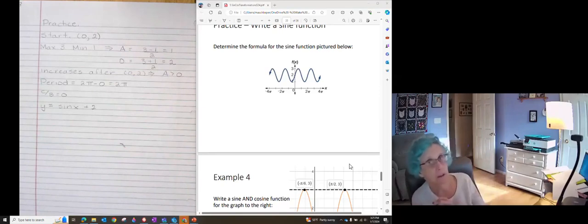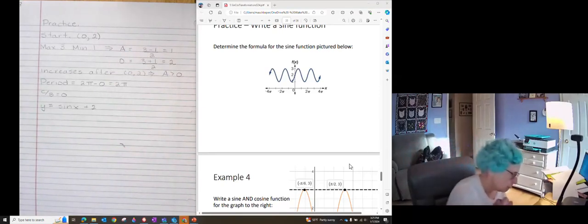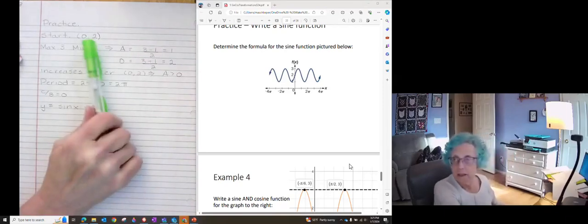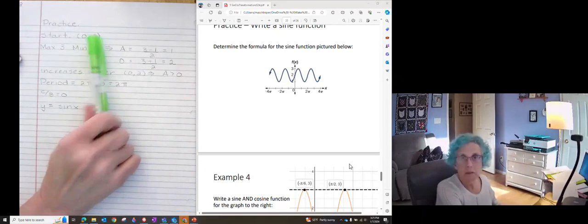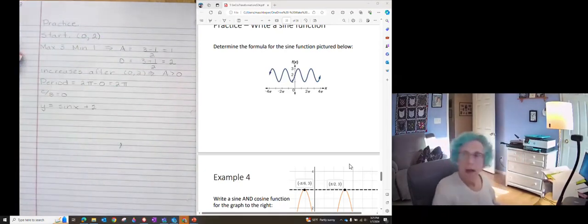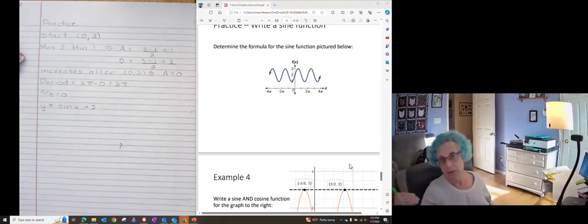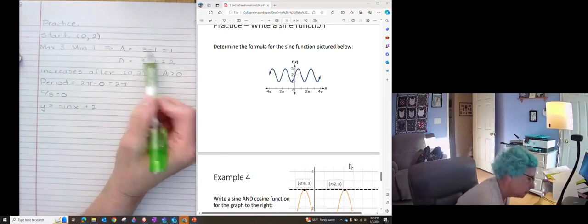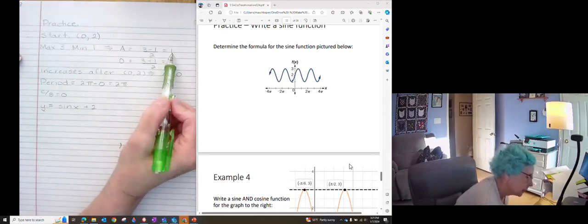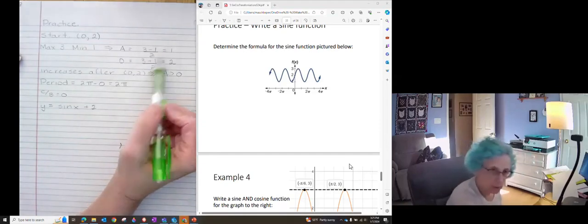These were kind of hard to read on this one, but I decided to start at the point (0, 2) because it was easy to read. My max was at 3, my min was at 1, y-values. So a was (3 minus 1) over 2, so 2 over 2, which is 1.